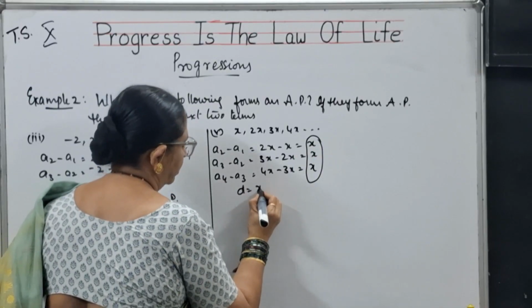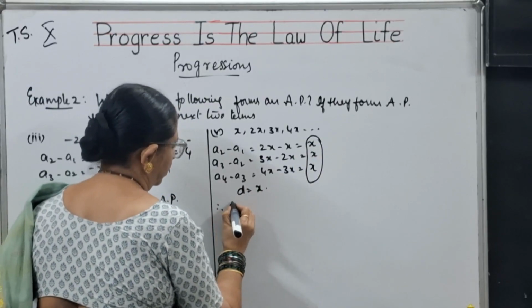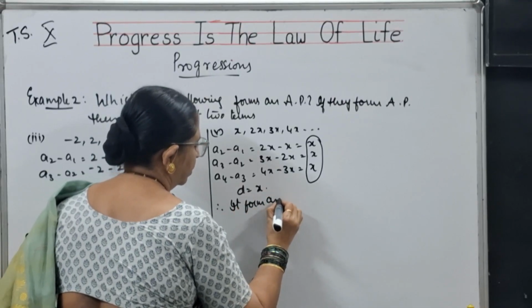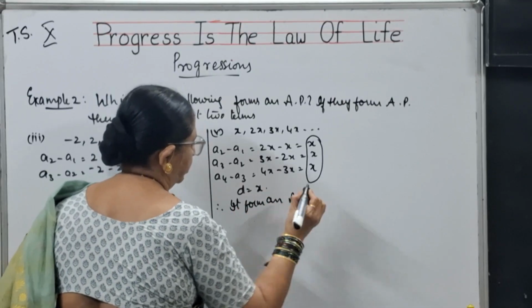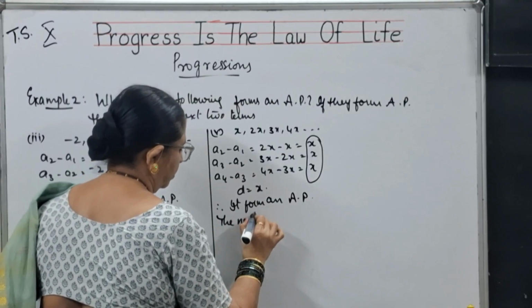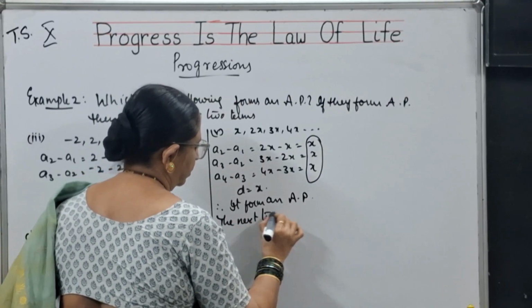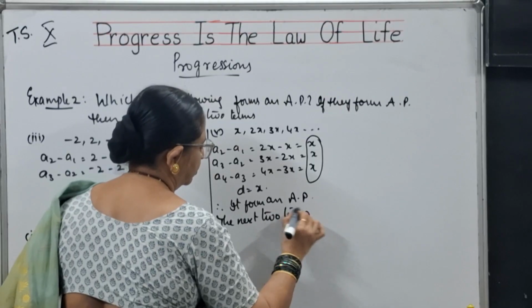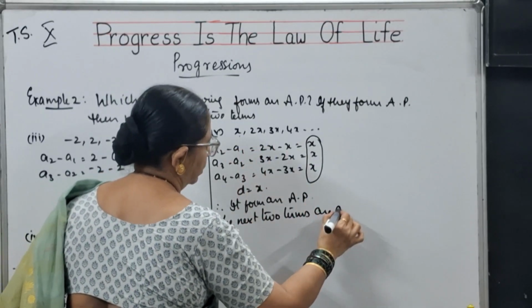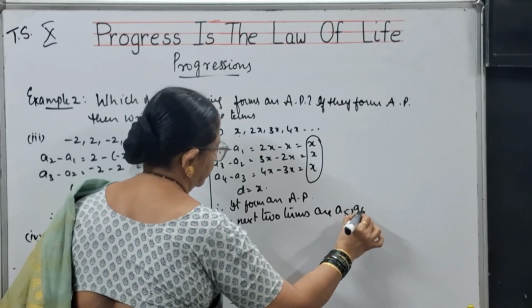Common difference is x. Therefore, it forms an AP. So when it forms an AP, the next two terms are, see, 1, 2, 3, 4, a5, a6.